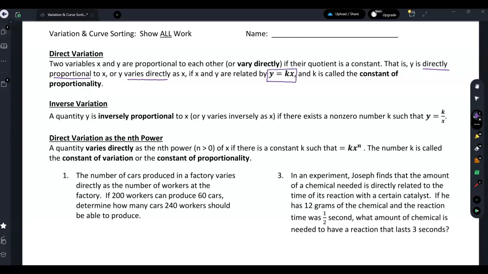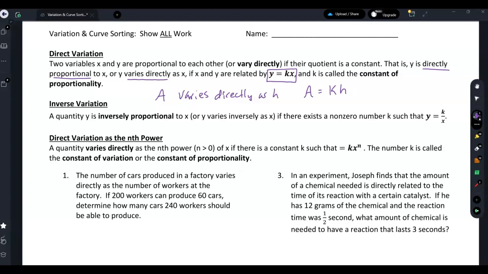Now, that formula isn't always going to use y and x. It's going to use whatever variables are in your problem. So, for example, if you had a problem that said something like a varies directly as h, then that means instead of y and x, you would use a and h. And whichever one is listed first would take the place of y, whichever one is listed second would take the place of x.